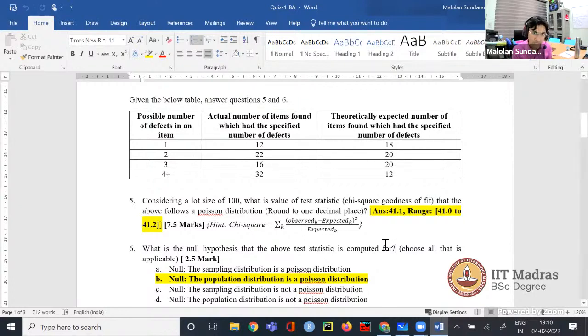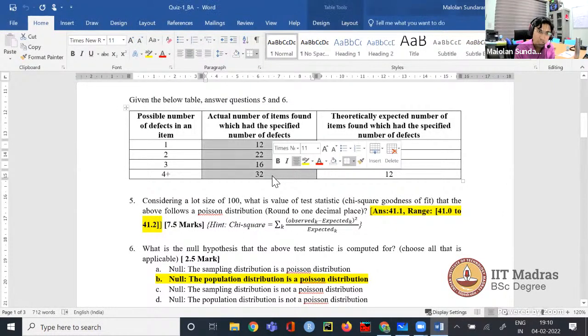Here we have given you the table of observed frequencies and expected frequencies, and we want you to calculate the chi-squared statistic, which is your test statistic. And that is why we have given you the formula of how to calculate the test statistic. Now the catch is that we have told you there are 100 observations, all right? So if you sum this up, this will not add up to 100.